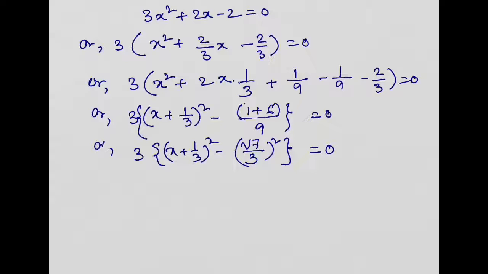So applying the (x plus a)(x minus a) formula, I am getting x equals minus 1/3 plus minus root 7 by 3. So this is the solution for x. These are two solutions.